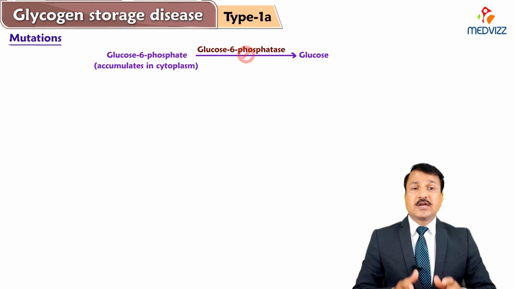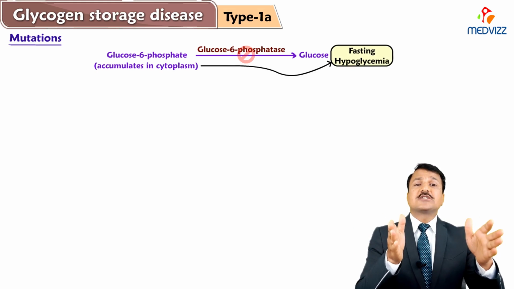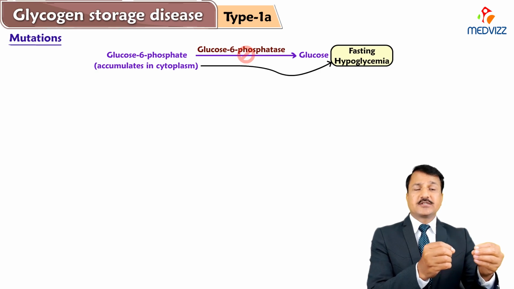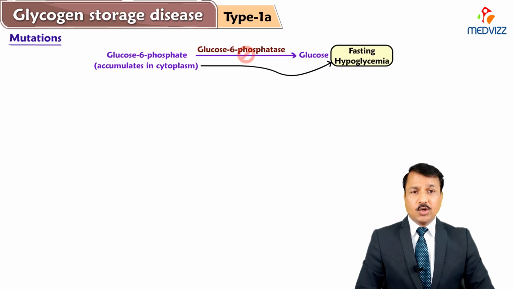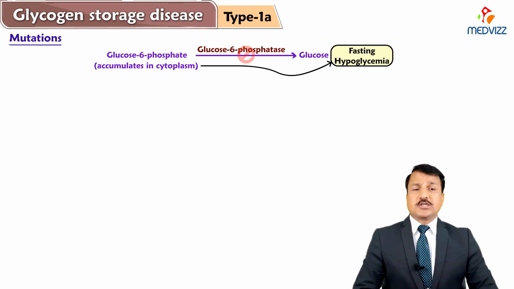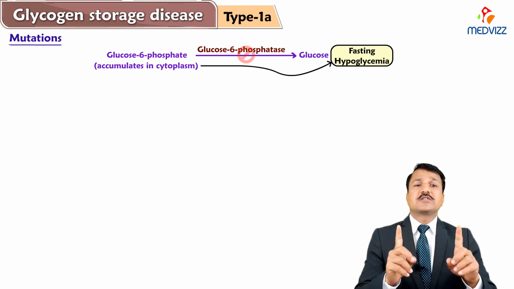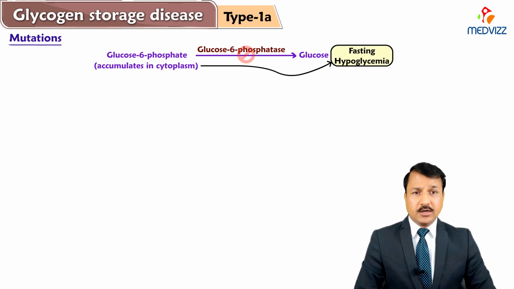So what happens? Under fasting condition, the person will have fasting hypoglycemia, because gluconeogenesis and glycogen degradation are both not supporting the maintenance of blood glucose. Because the glucose 6-phosphatase enzyme is deficient, a person will have fasting hypoglycemia, one of the important signs you look for in von Gierke disease.